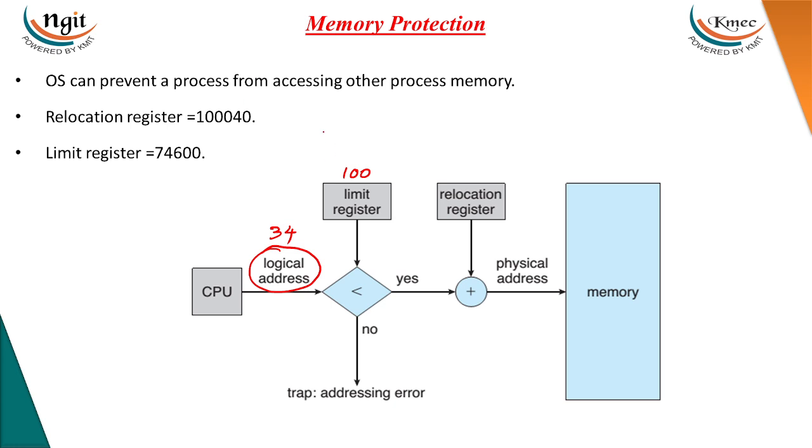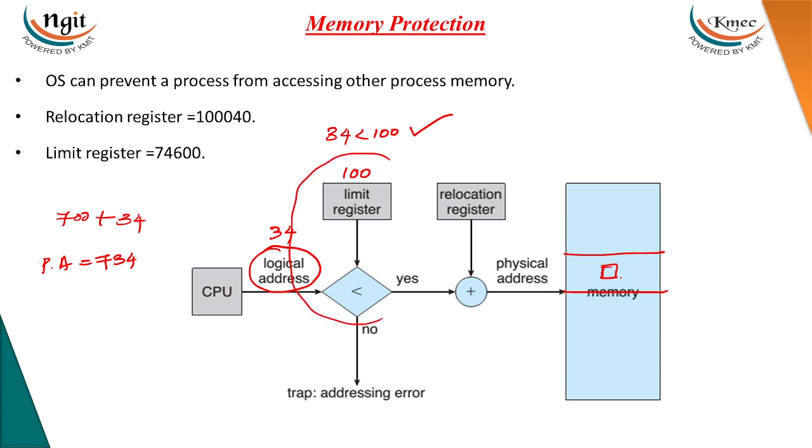If 34 is less than 100, it is satisfied, then we fetch the base register value, that is 700, add the logical address, that is 34, and generate the address 734. This is the physical address, the actual memory location of main memory.